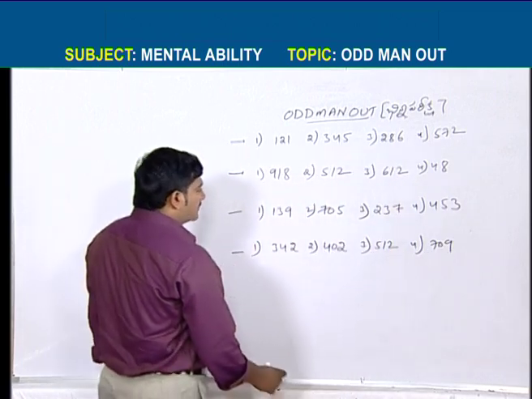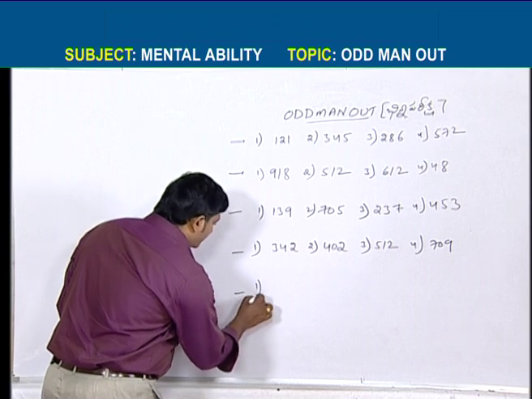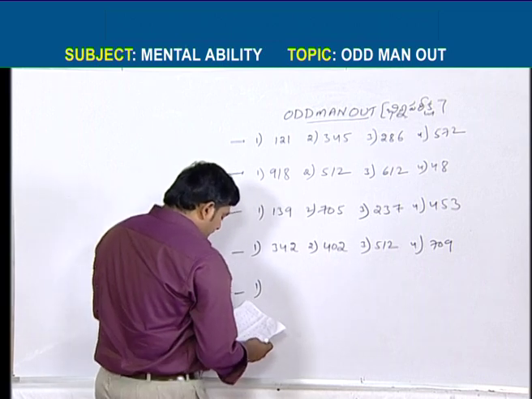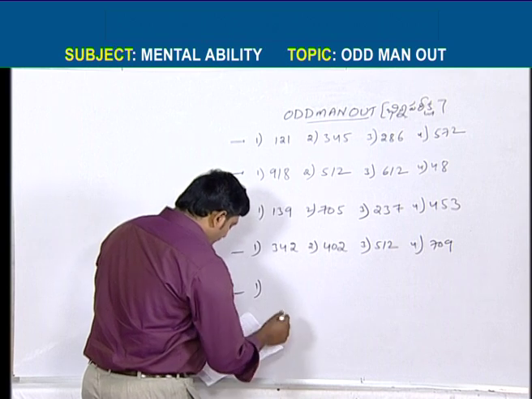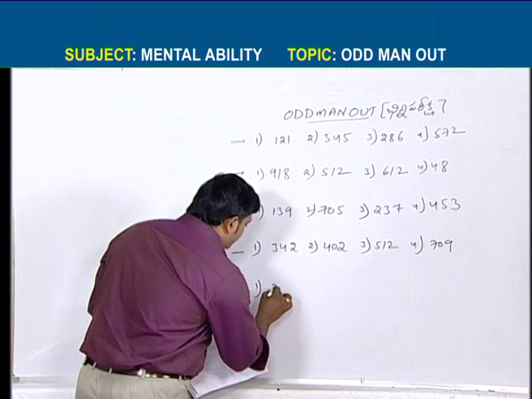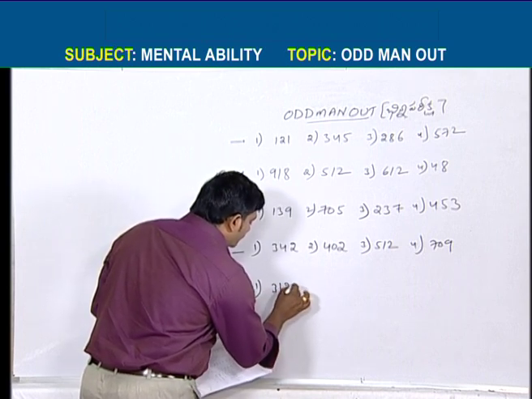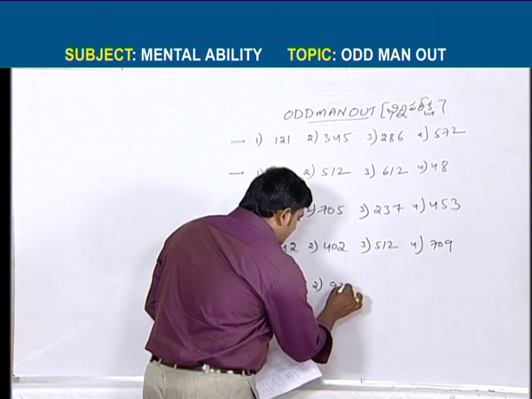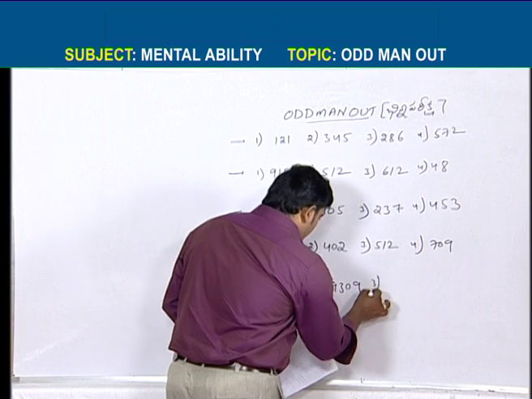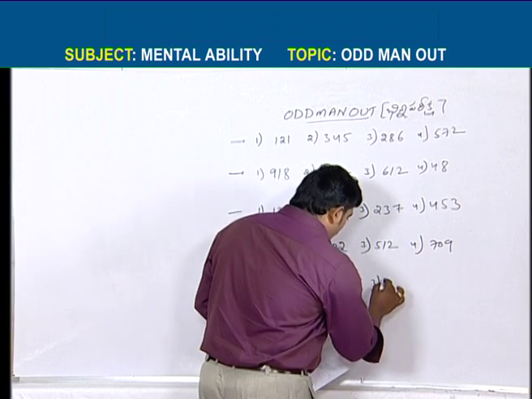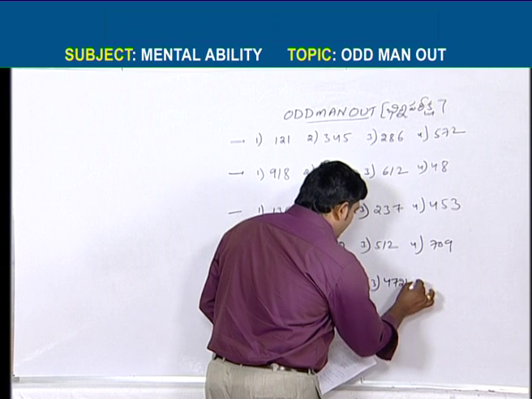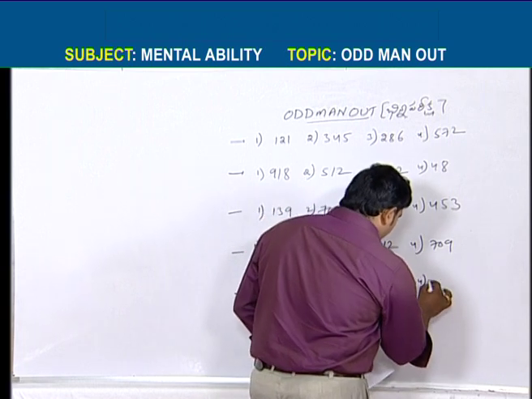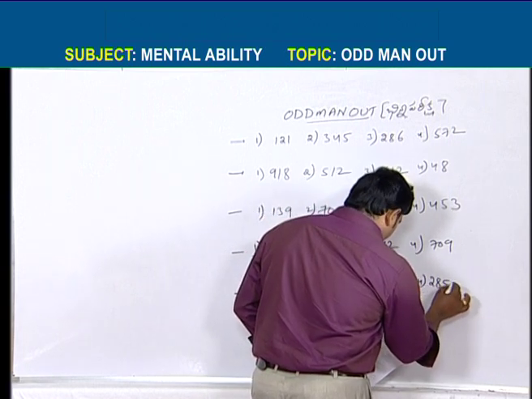Now we can take one more question. Next question: first option is 3125, second option is 9309, third option is 4721, fourth option is 2850.